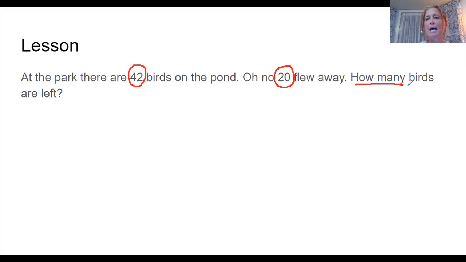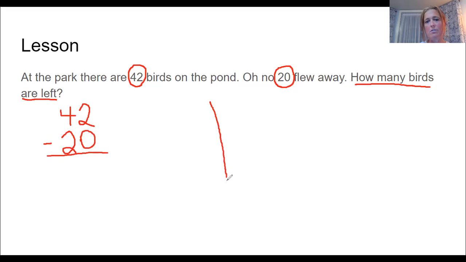Now our question is, how many birds are left? Okay, so we know it is a subtraction problem because the birds flew away, they're gone. So we know it's like saying 42 minus 20, and we need to figure out what that equals.